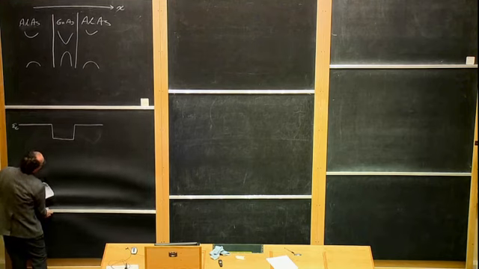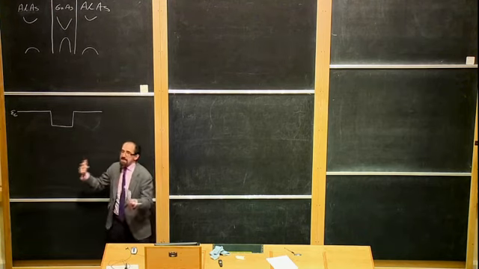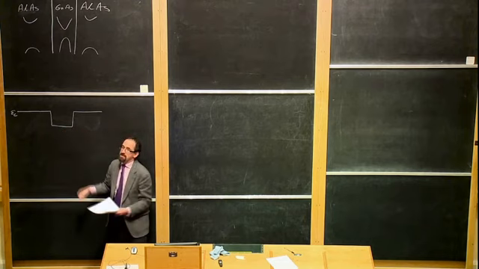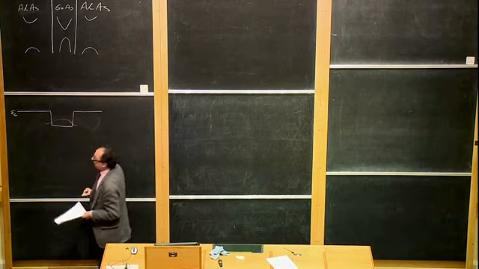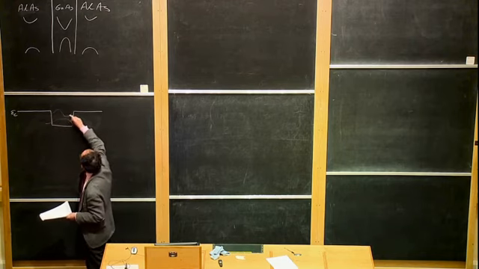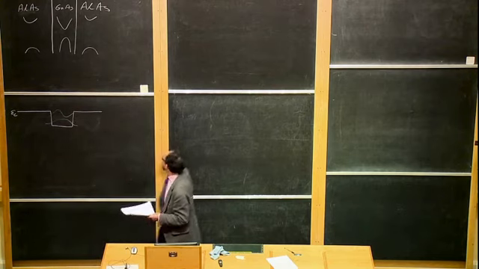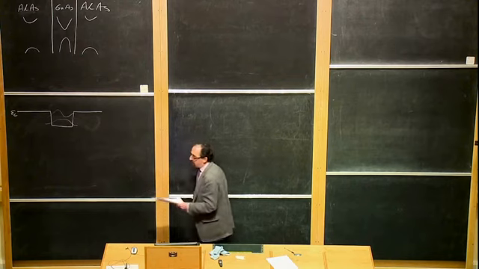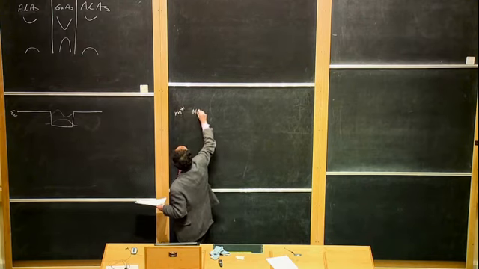So if you're an electron living in that conduction band, you basically see a well, some sort of confining potential like a particle in a box, and you would form a wave function in that particle in a box in the usual way. And of course, you could have excited state wave functions also in that particle in a box. The only difference between this and the kind of particle in a box problems that you solved in your quantum mechanics courses is that it's m star, not m.